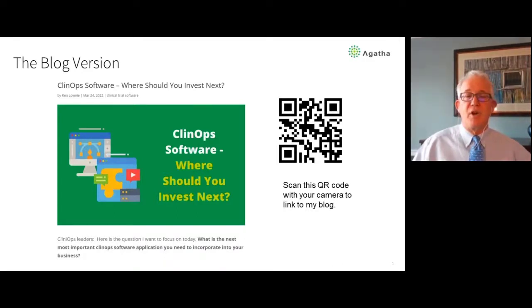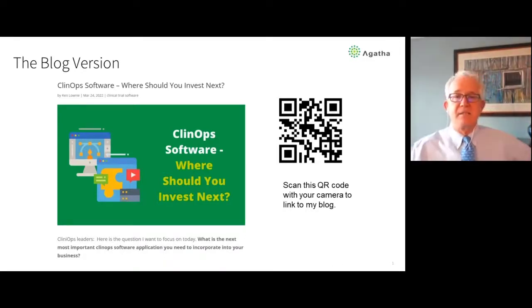So I want you to first know that this blog exists. This is a written version of what I've just gone through. ClinOps software, where should you invest next? And it's a written version, literally. There's a QR code there. If you take your camera, and I'll leave this up for a second, and scan that, it will link you to that blog. It's a short 3-4 pager.